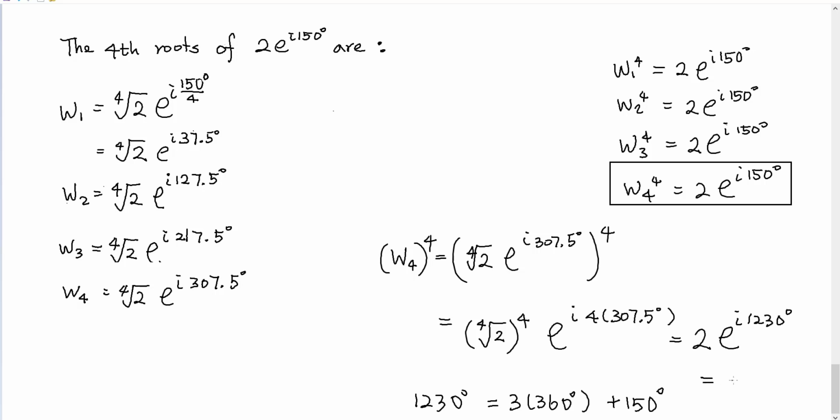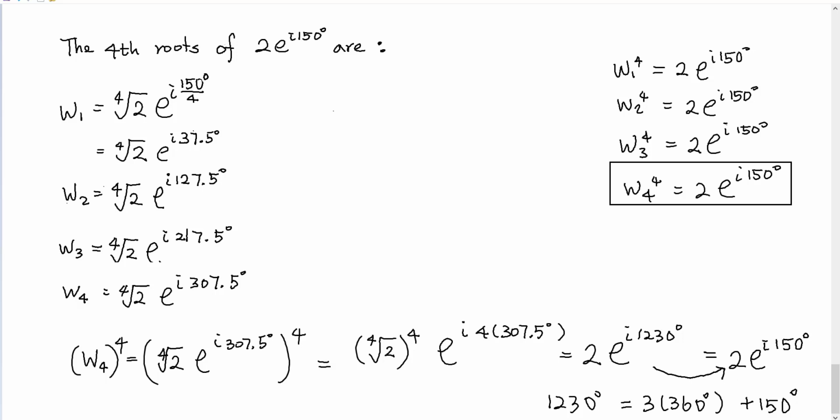And so that means this one is simply coterminal to 150 degrees. So that's why W4 to the 4 is equal to 2 times e to the i 150 degrees. That's why W4 is a fourth root of this complex number. Since I checked that W4 to the power 4 equals the given complex number, you're welcome to check W1, W2, W3 to the power 4.